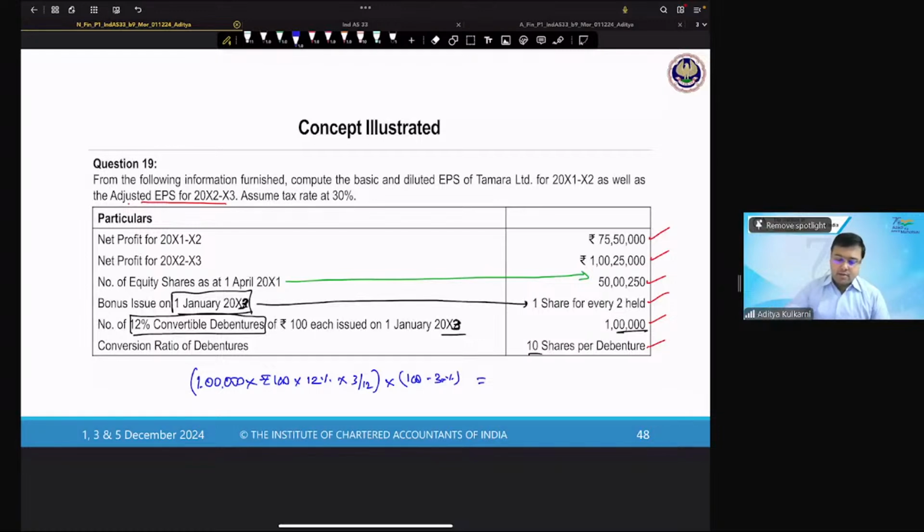Are we okay with this? Yes, sir. Two lakh 10,000.